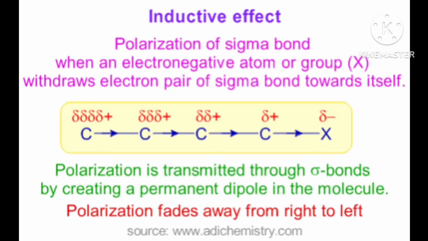Examples of electrophiles: all positive species are electrophiles. Examples include carbocations, such as CH3 plus, which requires an electron. All carbocations have a positive charge, like the methyl group CH3 plus.